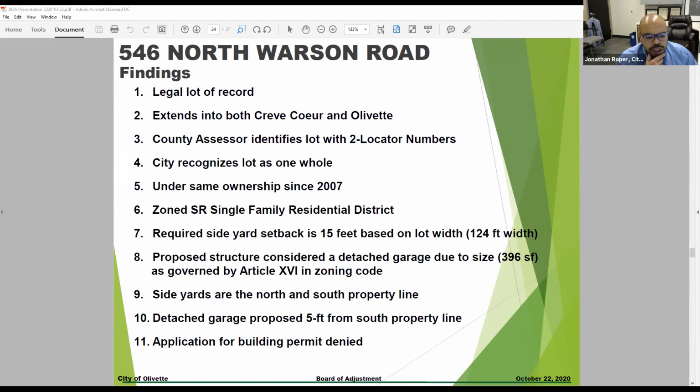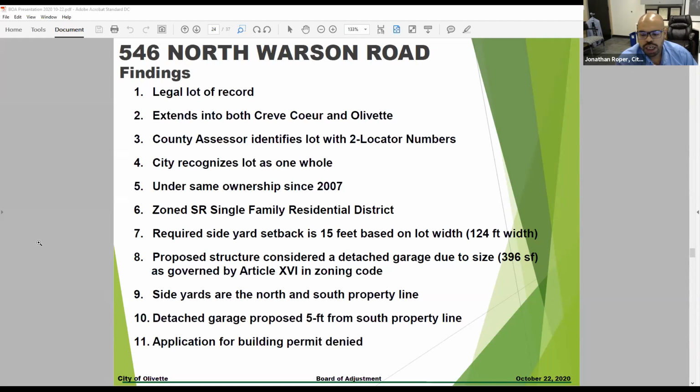It's been under the same ownership according to St. Louis County since 2007. It's zoned SR, single family residential district. The required setback of the lot is 15 feet based on the 124 foot width. The proposed structure is considered detached; under the code it falls under detached garages or enclosed accessory structures, different than a shed.